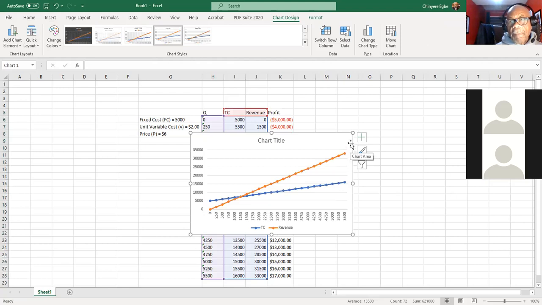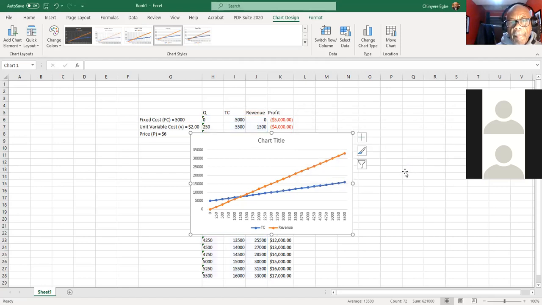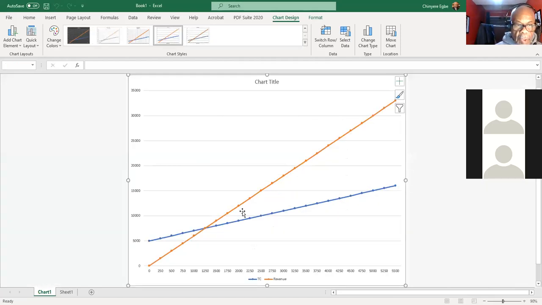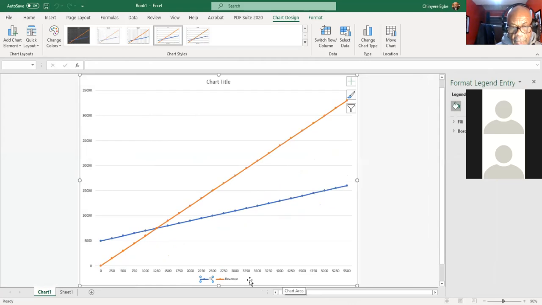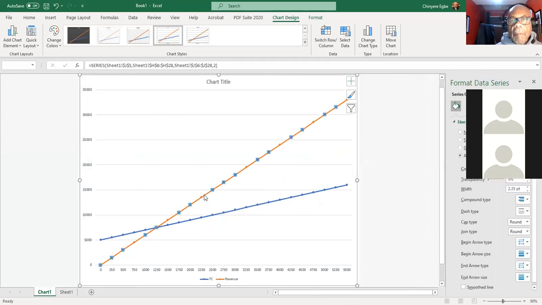As you can see here, I'll move this chart so that we can see clearly what we're doing. So as you can see here, the blue line is your cost. The blue line is your total cost. And let me make this a different color.